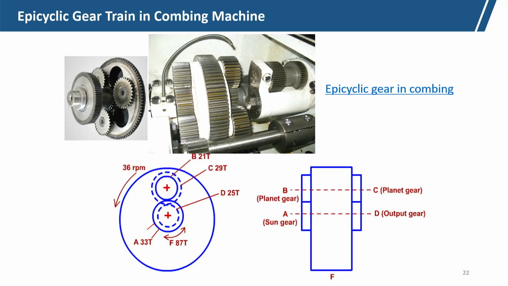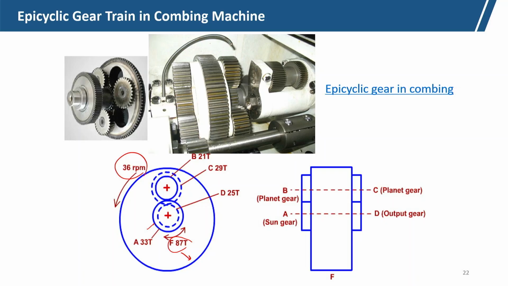So, A has got intermittent motion, we must know that. And this F is the arm, which rotates anti-clockwise at a constant speed. For this example, it is 36 rpm, moving at constant anti-clockwise direction.